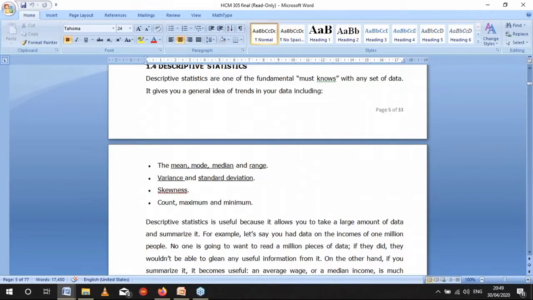What does mean stand for? Mean is just a simple average of values in a set of data. So we can easily say it is the mathematical average of all terms.